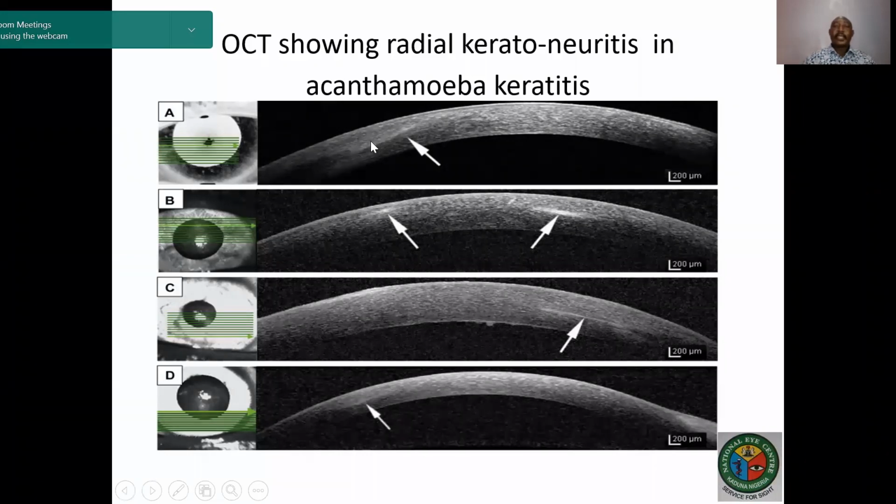So we can see the hyperechoic level in the corneal stroma. This is also another form. Here it is more marked and can be seen more.